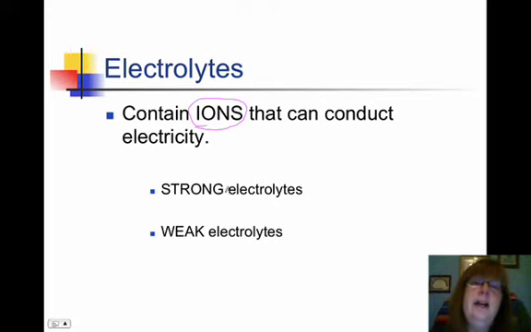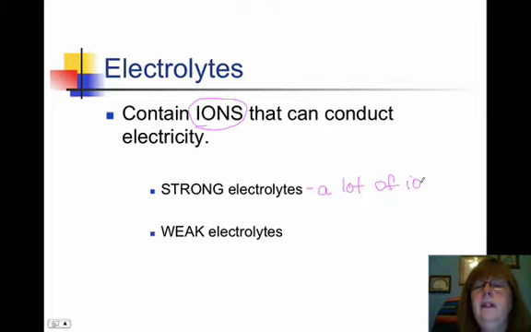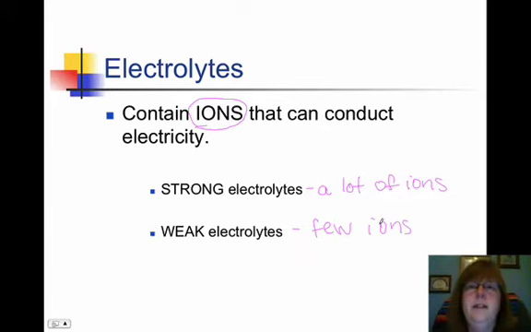And then there are two classes of electrolytes. We have strong electrolytes and we have weak electrolytes. Strong electrolytes would have a lot of ions in solution, and so they will conduct an electrical current. And weak electrolytes would have, compared to the strong electrolytes, few ions in solution.